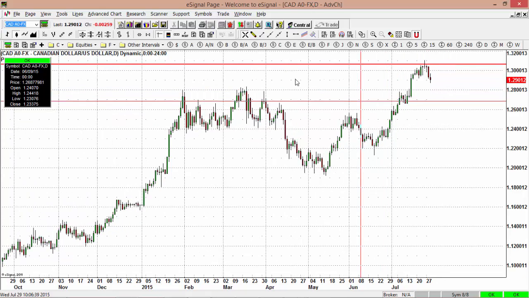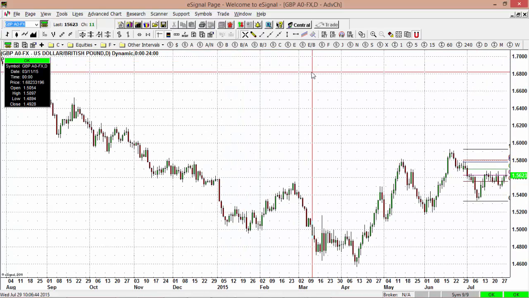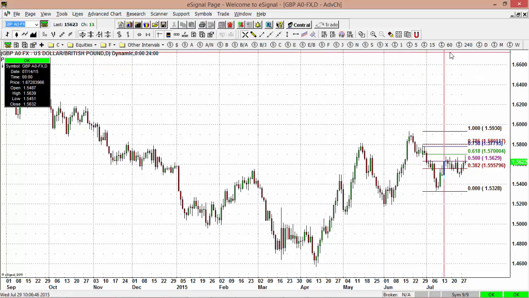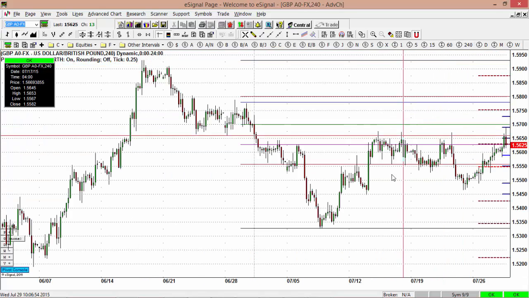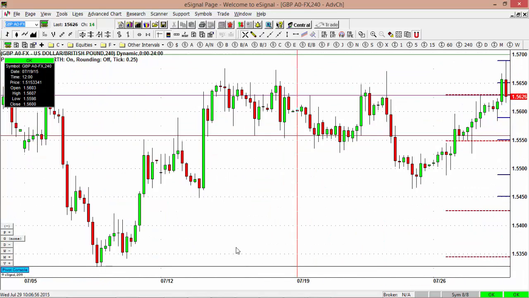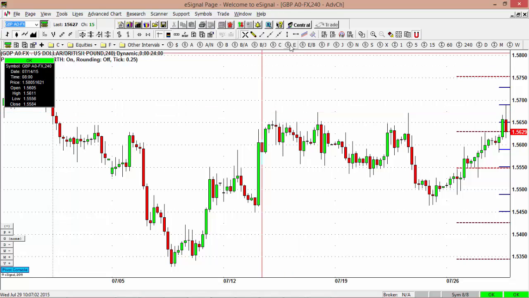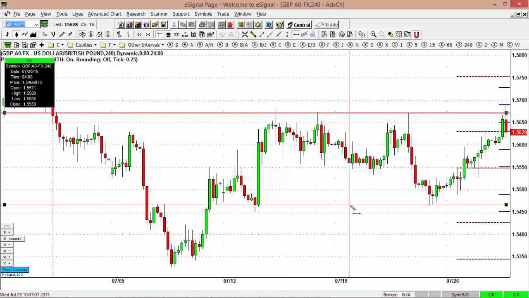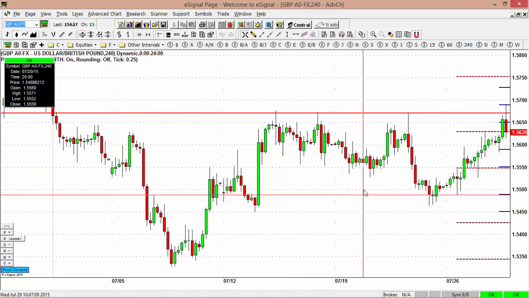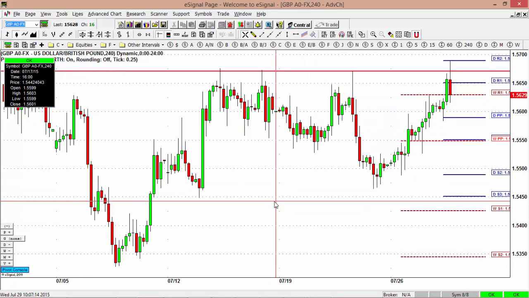Okay, taking a look at the British pound versus the US dollar, and we are up considerably this morning. Now this market has reversed and has hit this area of resistance. Take a look at this area of resistance on the chart. Let me just take off these Fibonacci retracements. It's a 4-hour chart here, and we see that this is the fourth time the market has approached this 156.50 up to 156.80 level.